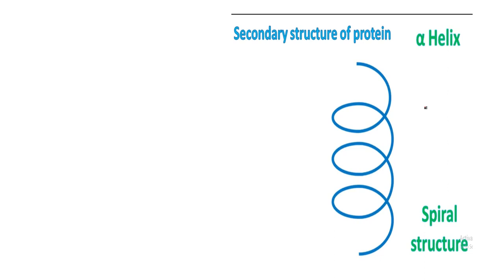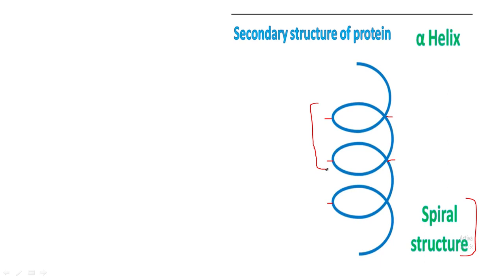As you can see, this is a spiral type of structure. You can see the R groups oriented on that side, the R part of the amino acids. You can see here the twist, and the distance between these twists is 0.54 nanometer.